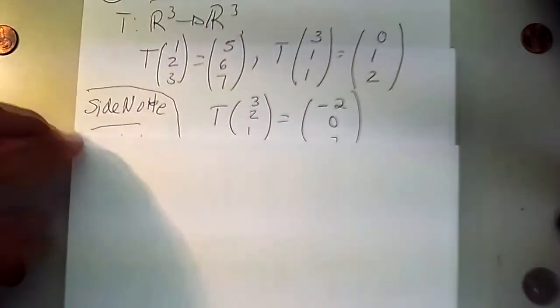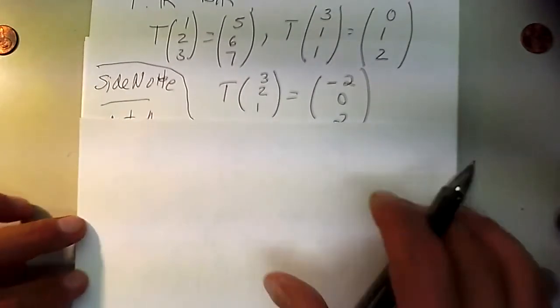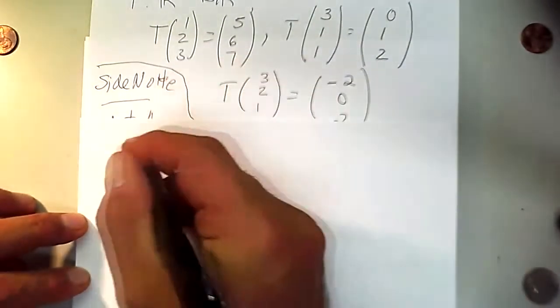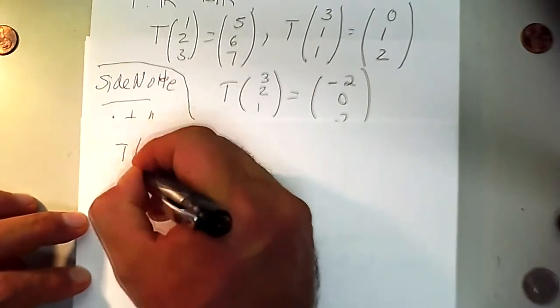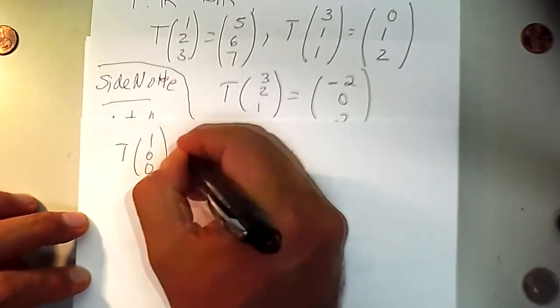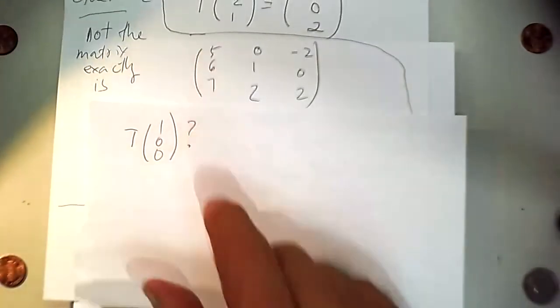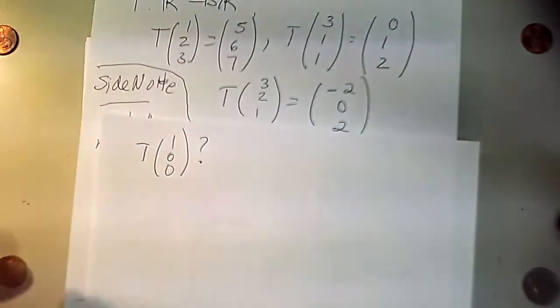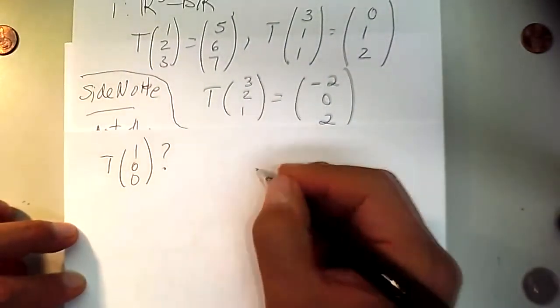All right, so here's one way to go about that. Our goal is to find what is T of 1, 0, 0, question mark, because that would actually be the first column of the matrix. So what is T of 1, 0, 0? We don't know.